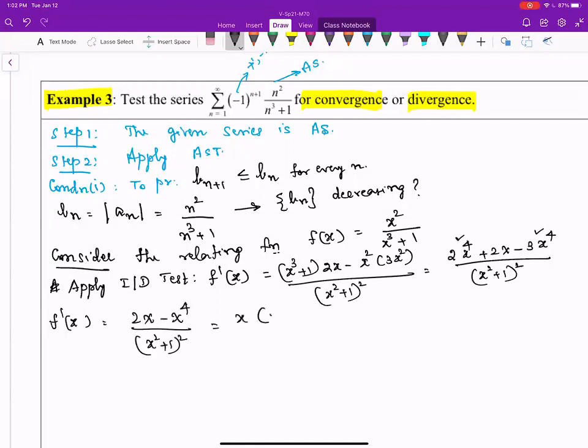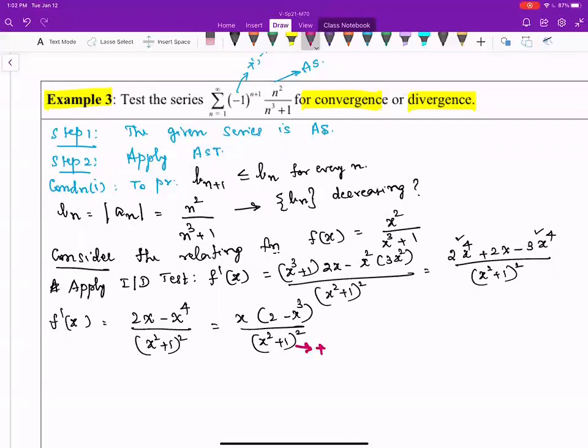If I common factor the x, it's x times 2 minus x cubed, divided by x cube plus 1 the whole square. The denominator is always positive because it's a perfect square.